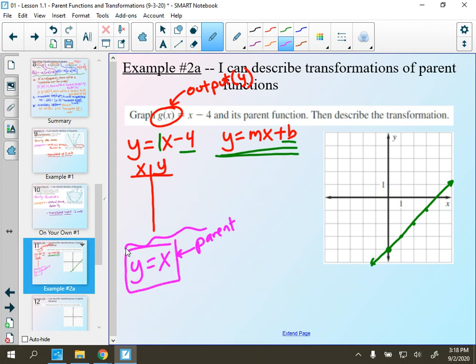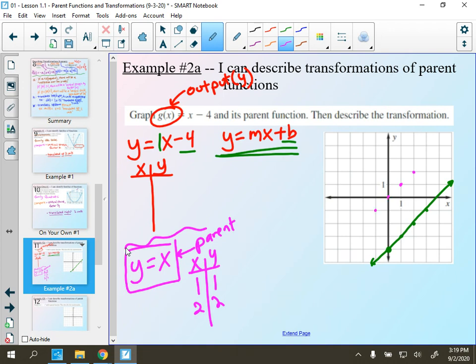So how that ends up looking is your x and y values are the same. If I'm making a table, if I input a 1 for x, what does y have to equal? 1. If I input a 2 for x, what does y have to equal? 2. And so on and so on. So I'd have 1, 1, 2, 2, 0, 0, -1, -1.